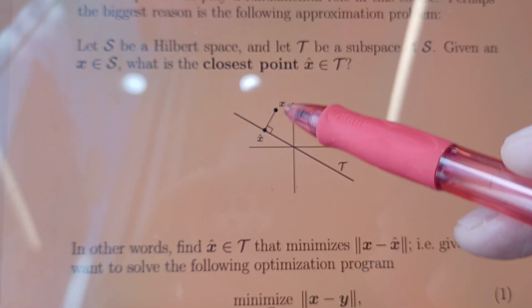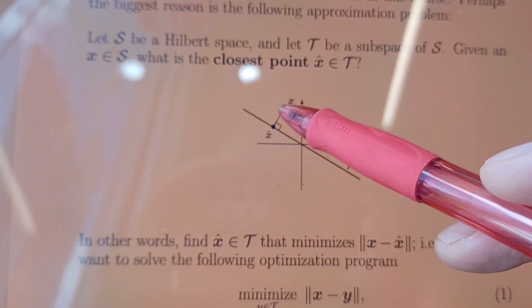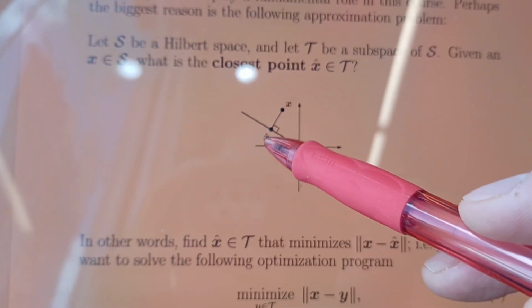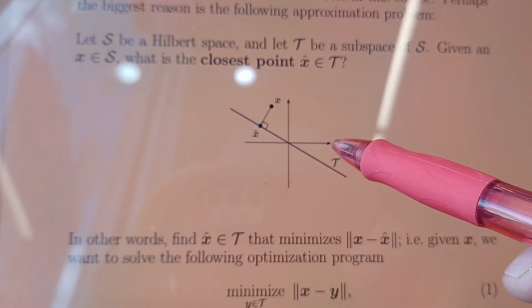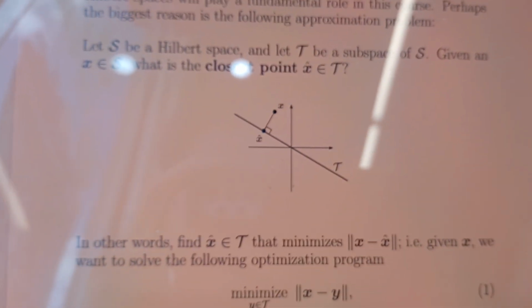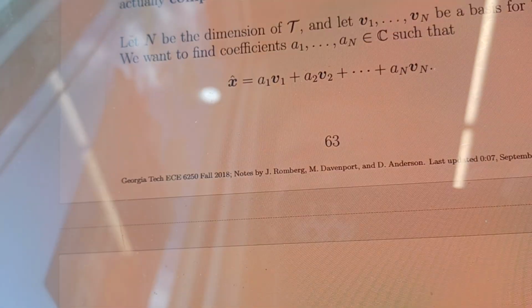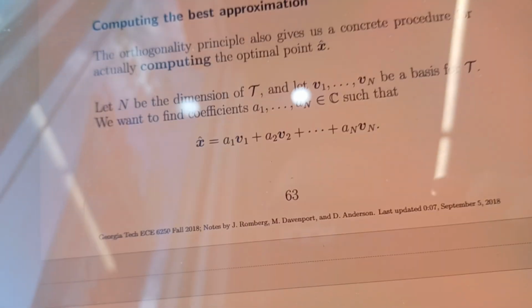So this line we call x minus x hat, and we have T. So we know that this x minus x hat and this line T would be orthogonal, and that is really the orthogonality principle, which is this. We don't really need to know the proof, because it makes intuitive sense.